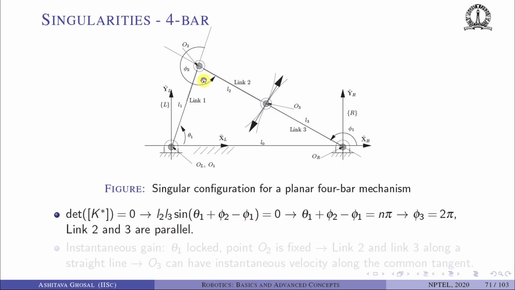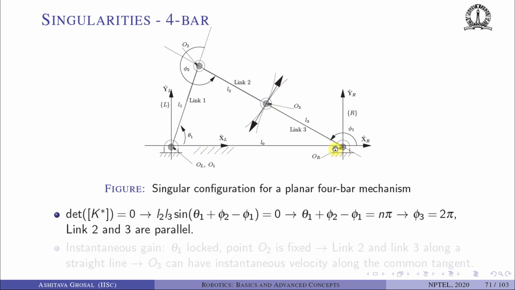So theta 1 plus phi 2 minus phi 1 is n pi, or phi 3 is 2 pi, because these 4 angles form the inside of a triangle, which means that link 2 and link 3 are parallel.